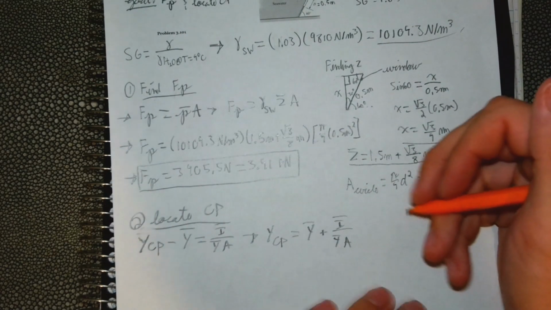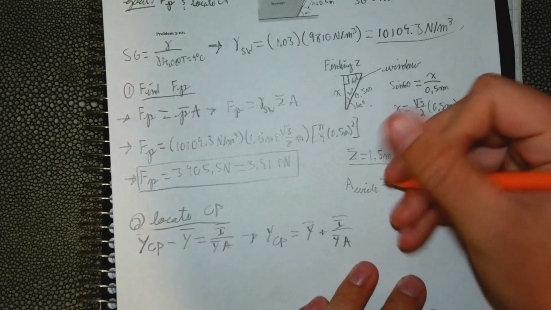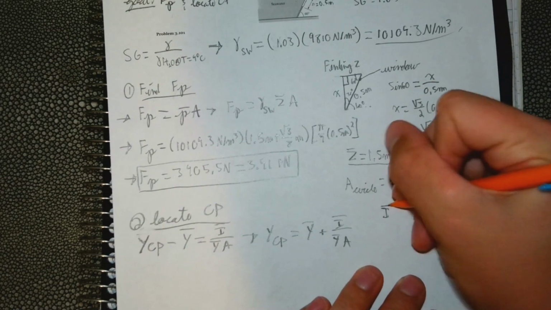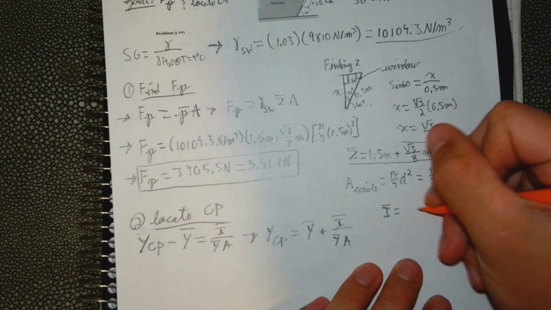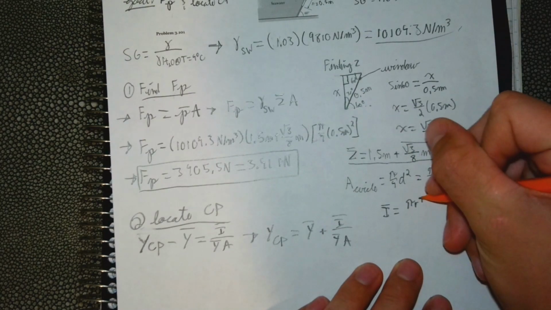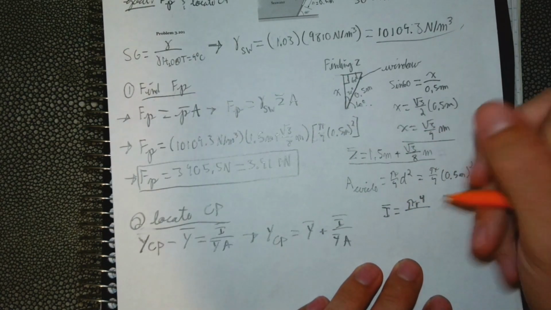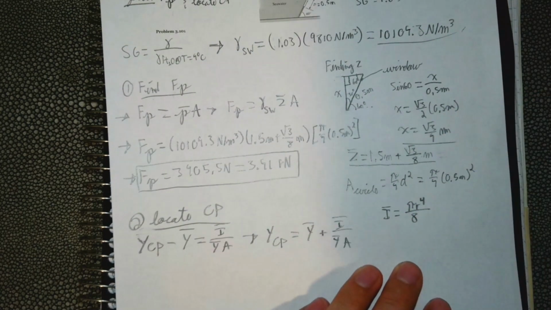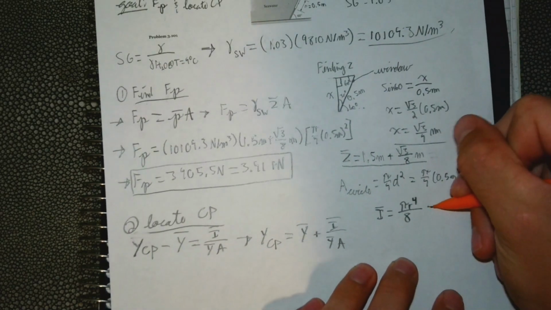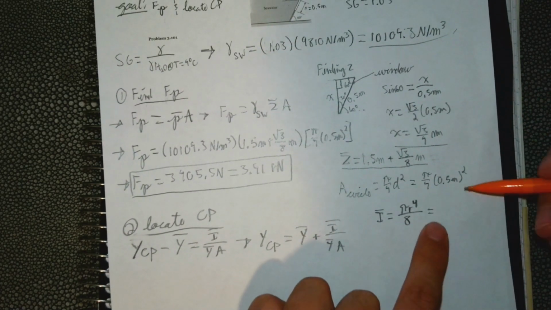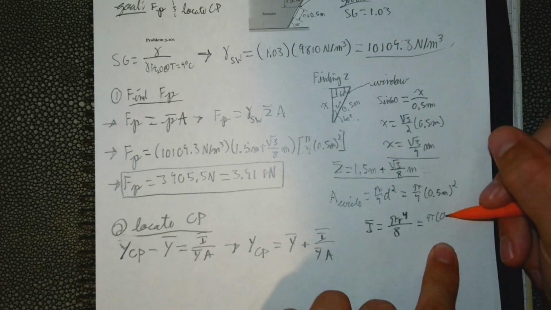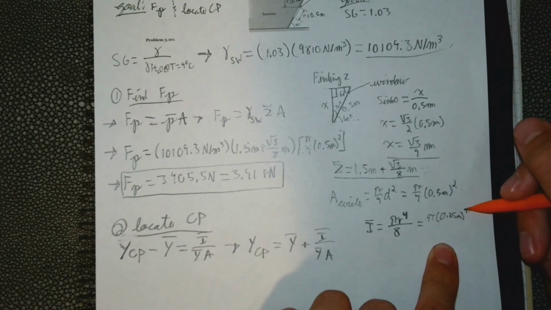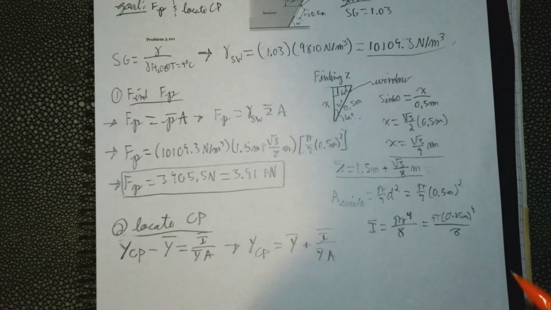Figure A.1 says the moment of inertia for a circle is pi r to the fourth power over 8. The radius is half of the diameter, so the moment of inertia is pi times 0.25 meters to the fourth power over 8. So that's our moment of inertia.